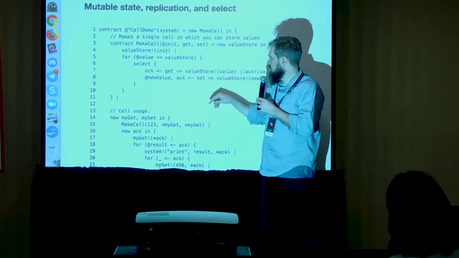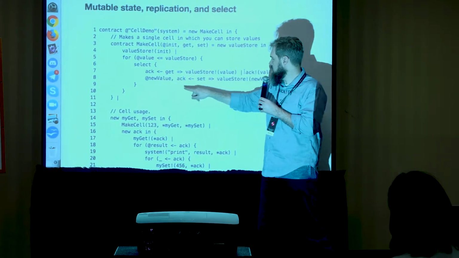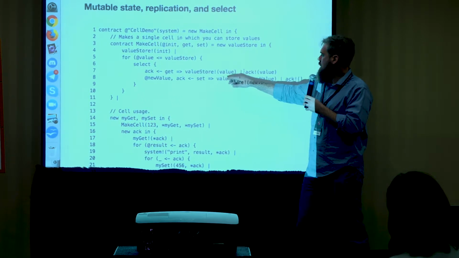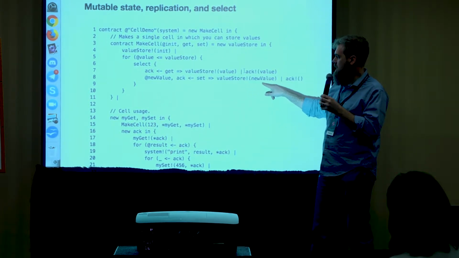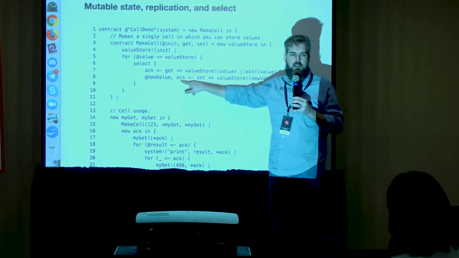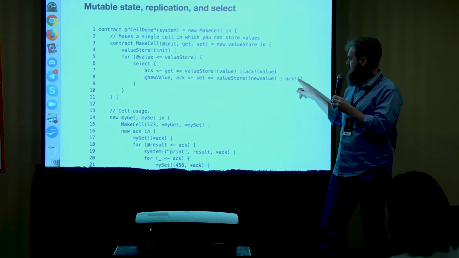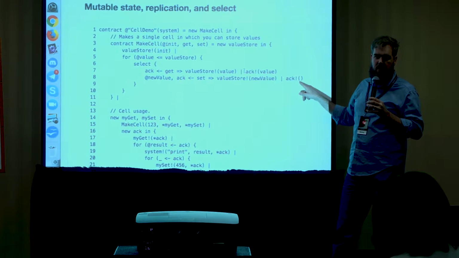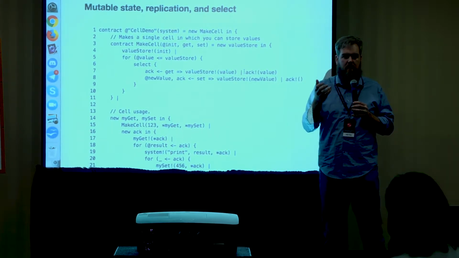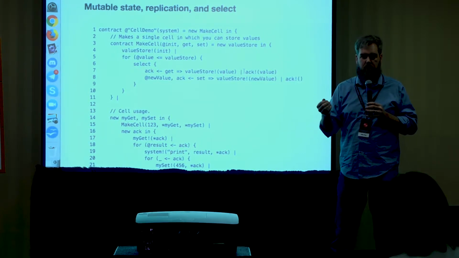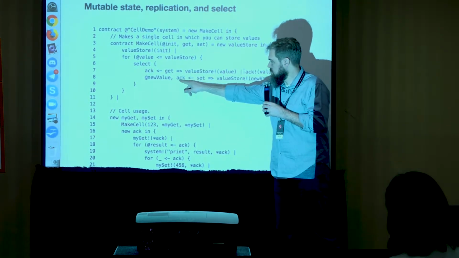For set, you provide a new value, and so it has already consumed the one that's there, it puts the new value back instead, and then it lets you know that it is done with that by sending the empty message back along the ACK channel. So you don't care what you receive in return, but you need to wait to be notified that the set is complete. So that's what this ACK channel is for.